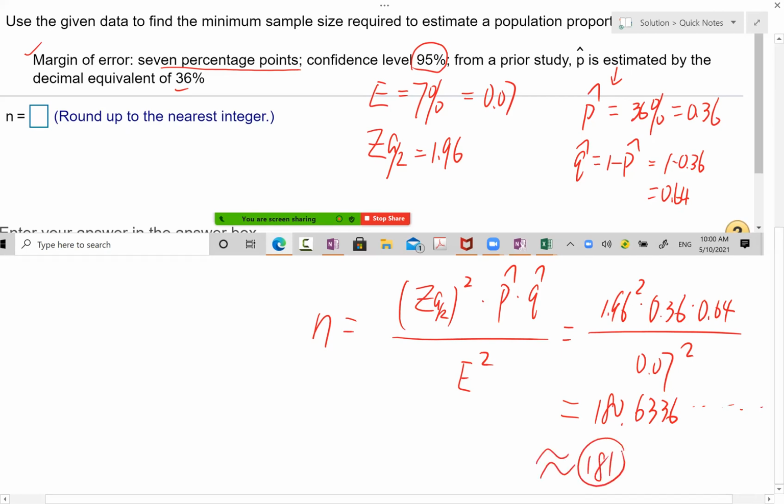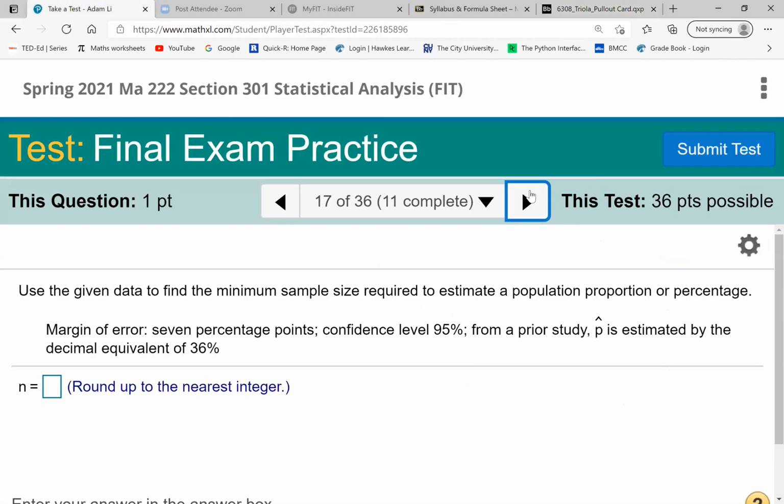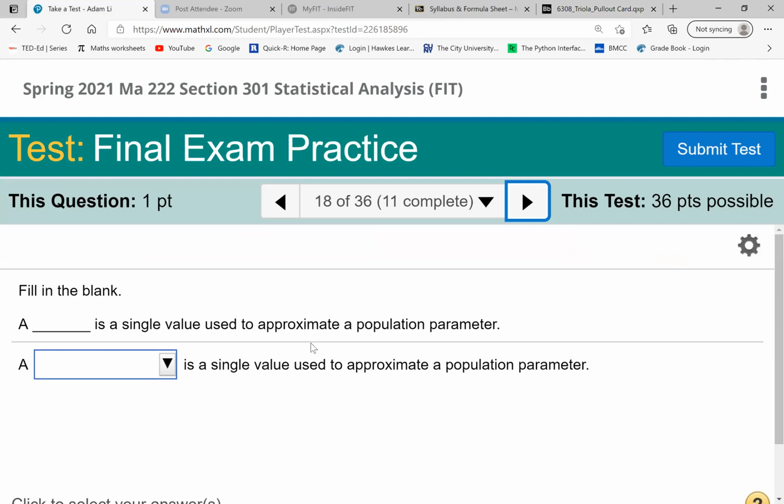Okay, so the smallest sample size, the minimum sample size required, will be 181. Of course, in real life, if you can get a bigger sample size, it's going to be better off. That will minimize the margin error even further. So that's just from a practical point of view. Okay, now let's look at question 18. So we're halfway through.